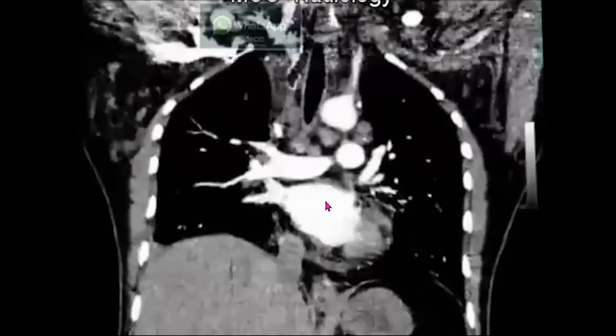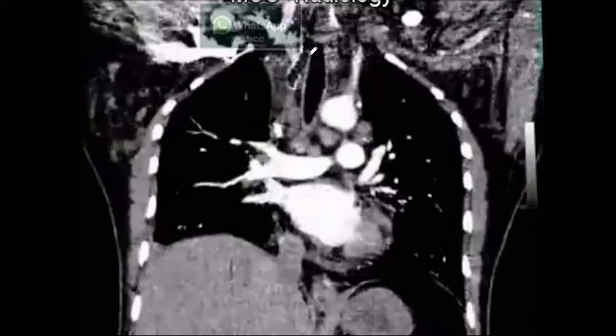Let's scroll further. Now we have reached the posterior part of the heart. So here we can see left atrium, this hyperdense or bright structure. So it is receiving its pulmonary branches from both sides, and this is again the pulmonary trunk, and this is the arch of aorta.